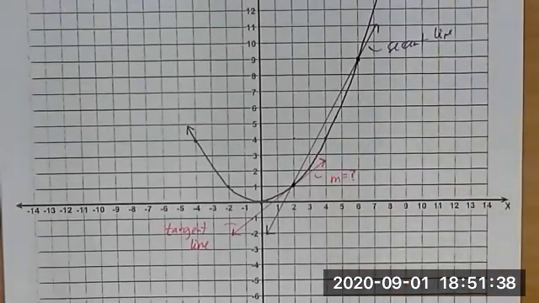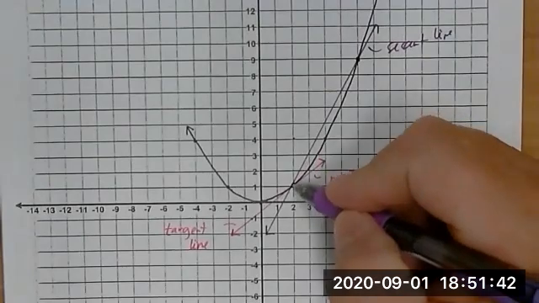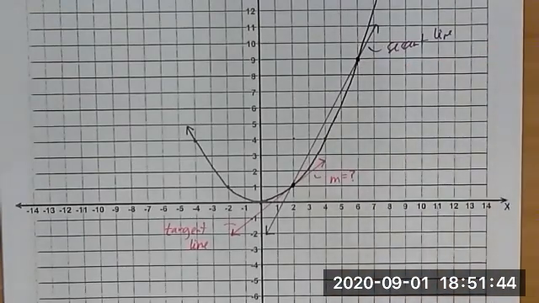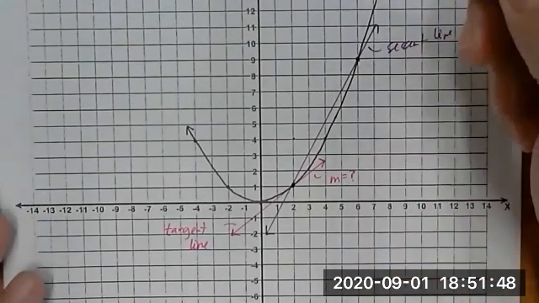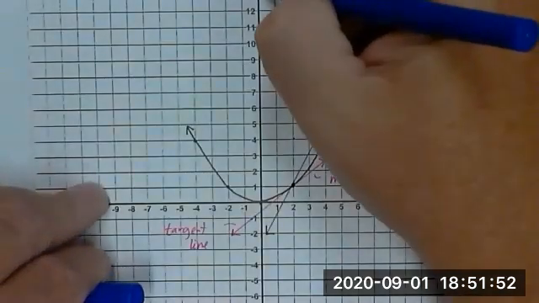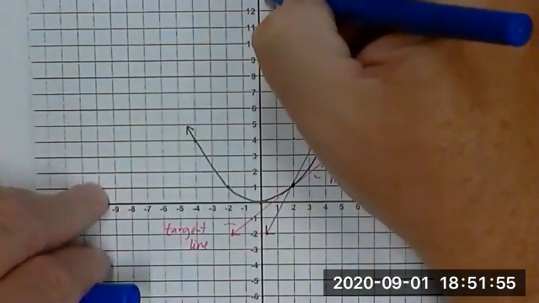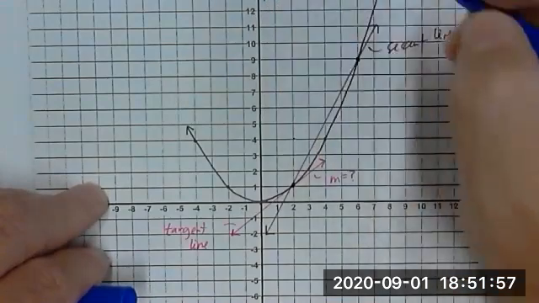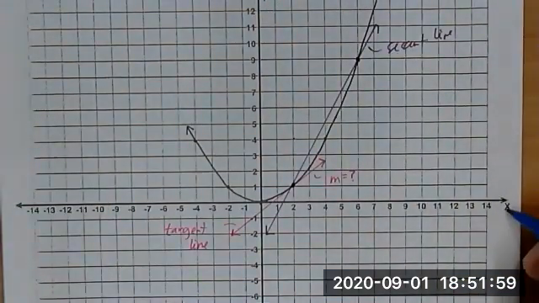That's not too hard, because when we have 2 points on a line, we can calculate the slope. But the key is, this is what I call the y-axis, and we want this to be function notation.